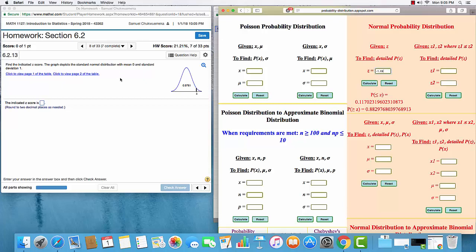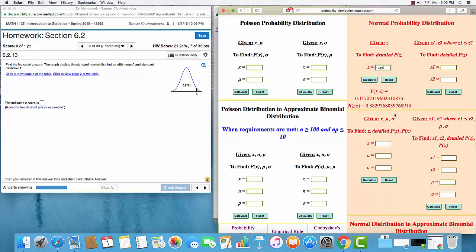And with your TI, if you have a TI 84 plus, you can also look at my tutorial videos on how to solve these problems with the TI 84 plus. If you're doing this question now with my calculator, you will use the inverse normal distribution. And also, if you're doing it with the TI 84 plus, you have to use the inverse normal distribution function.